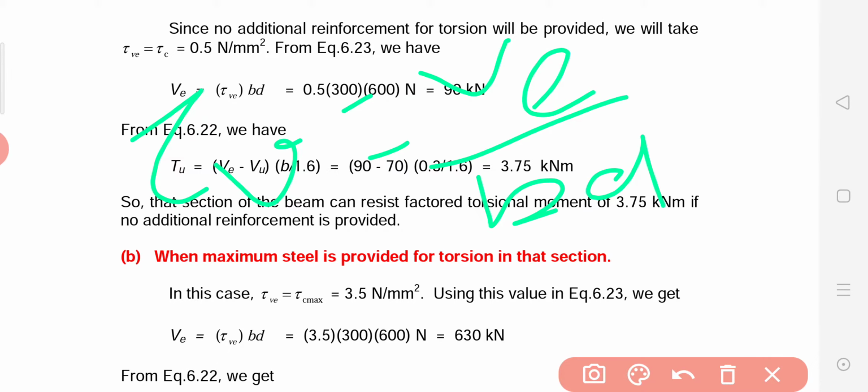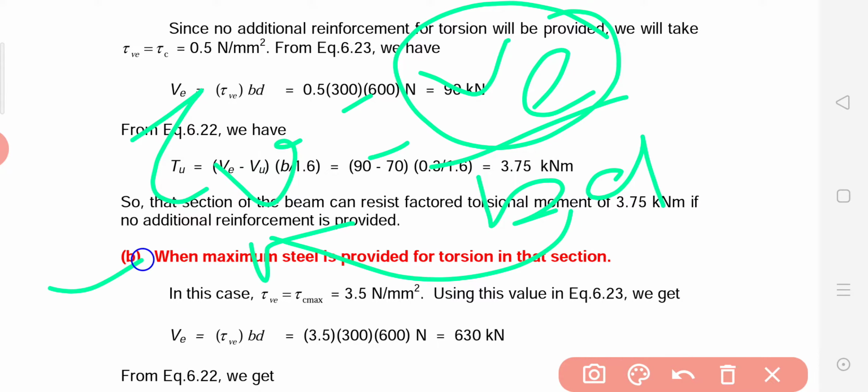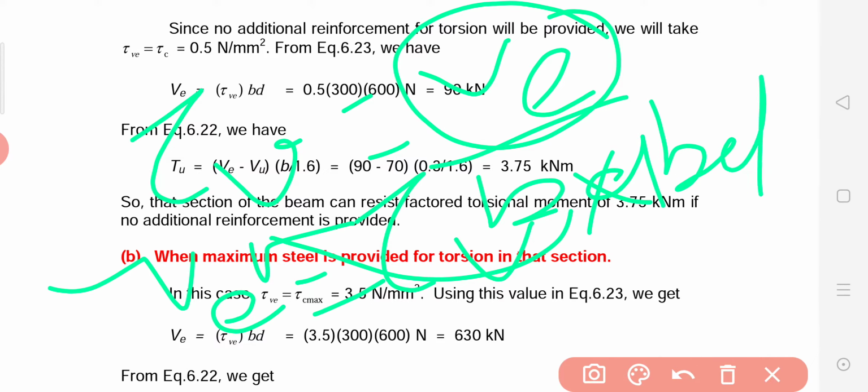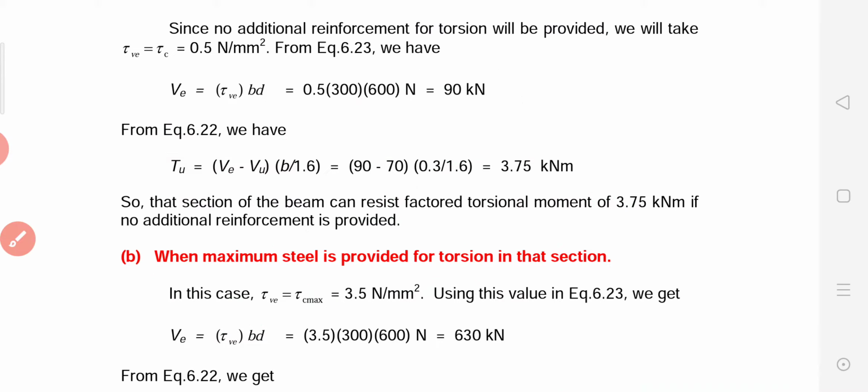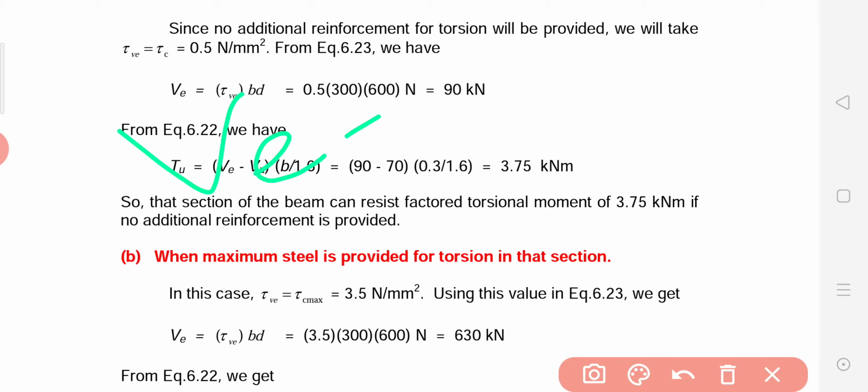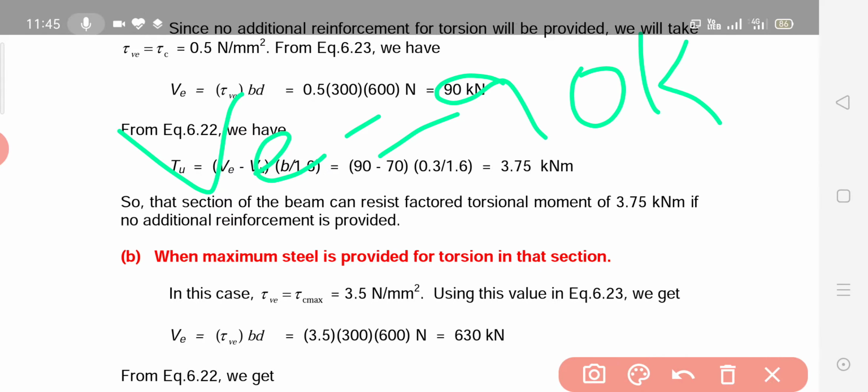So Ve equal to tau v into bd. We put tau v as 0.5, b equal to 300 and small d equal to 600. So we get the value of Ve, which is 90 kilonewton.